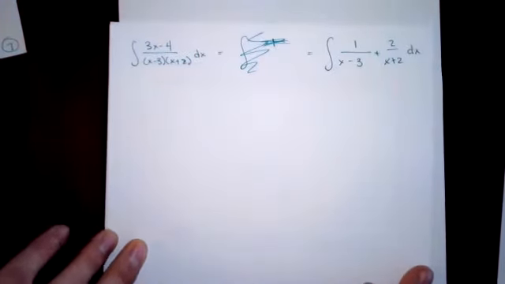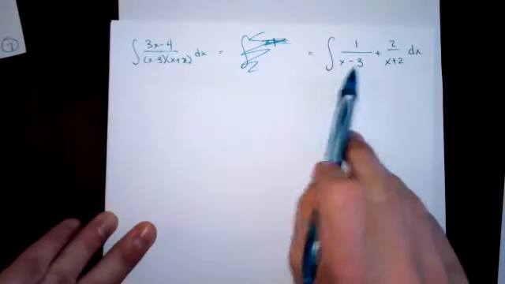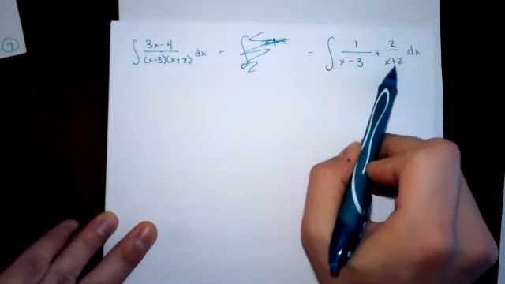Sorry, that wasn't on the video there. So this is just our partial fraction decomposition: A over x minus 3, B over x plus 2.